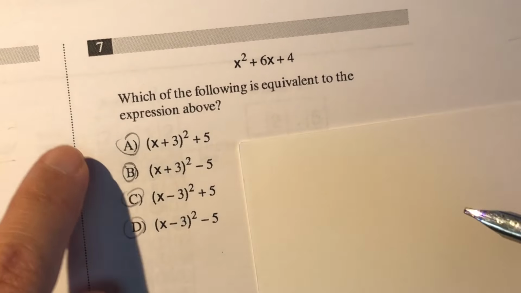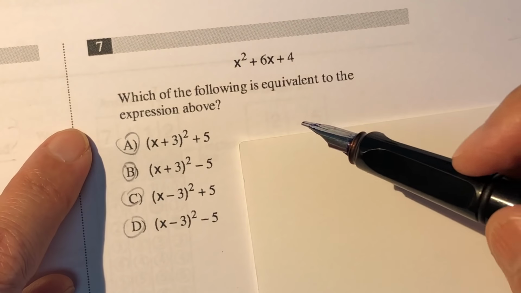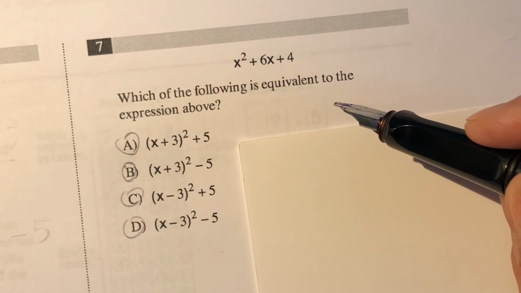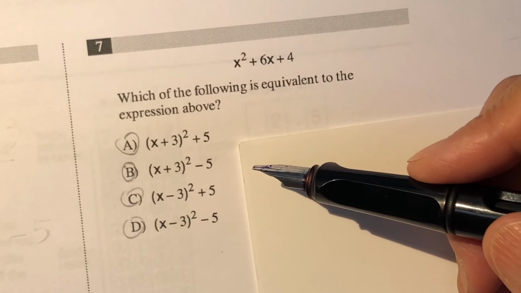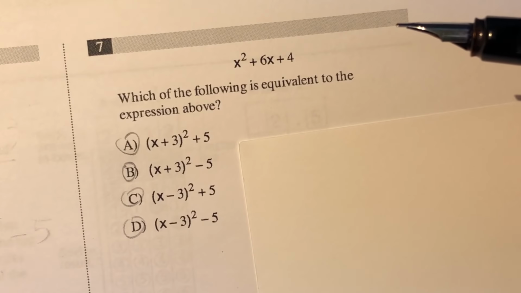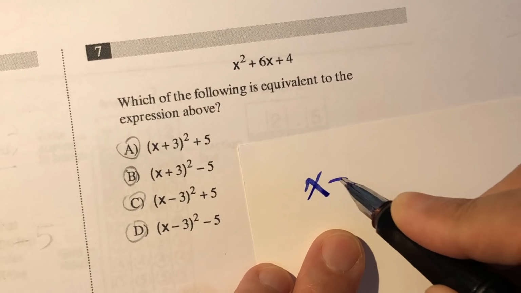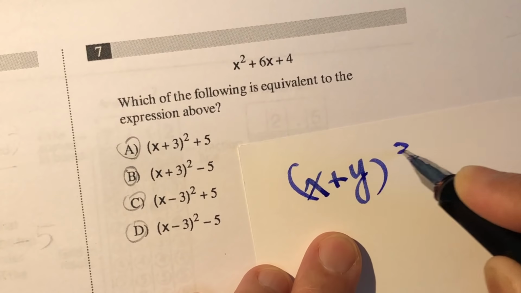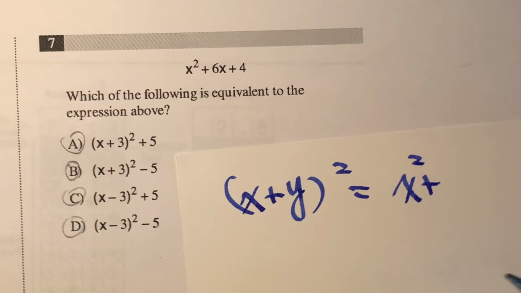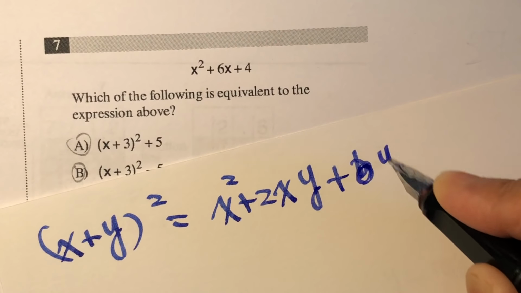Okay, question number 7. x squared plus 6x plus 4. Which of the following equations is equivalent to the expression above? It's testing your quadratic formula. We know (x plus y) squared equals x squared plus 2xy plus y squared.